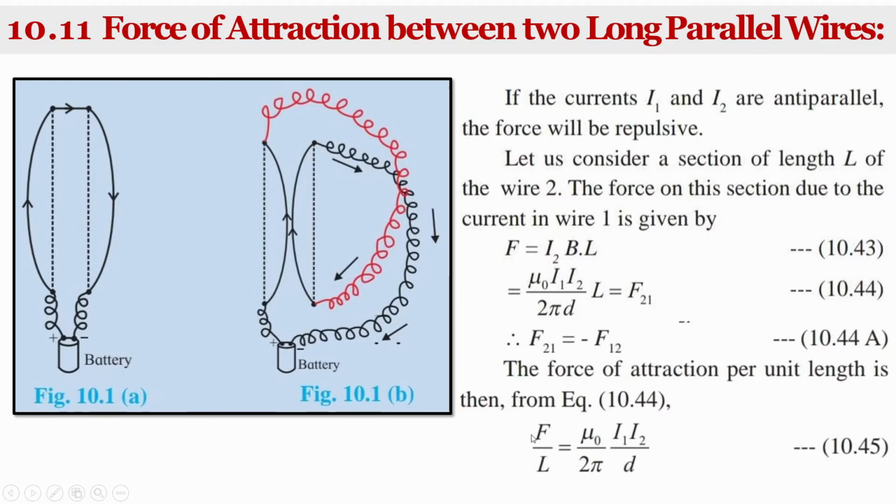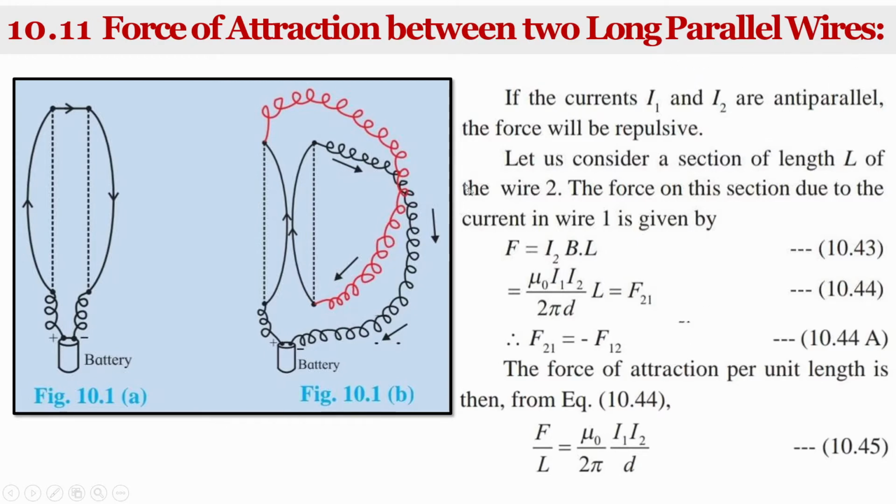F by L is equal to mu naught upon 2 pi times I1 I2 upon d. This is the formula for force per unit length, the force of attraction between two long parallel wires.